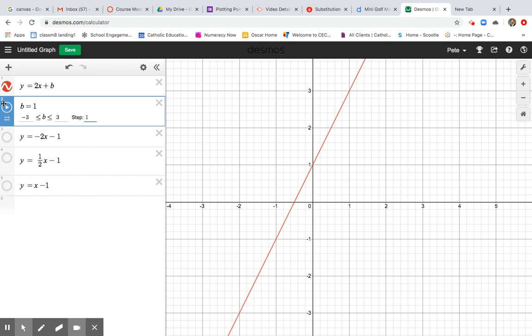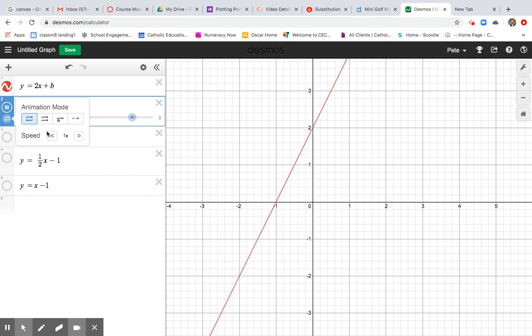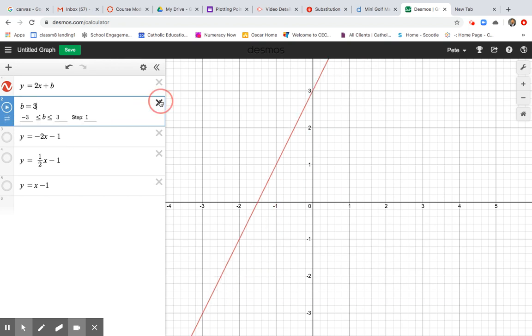Okay, so there's plus 2, plus 1, 0, minus 1, minus 2. We can change it. So there's minus 1, minus 2, minus 3. And it's going back up. It's going back and forth. That's just a nice little slider.